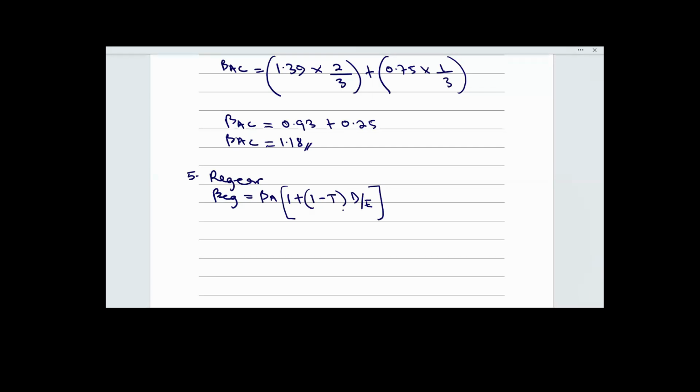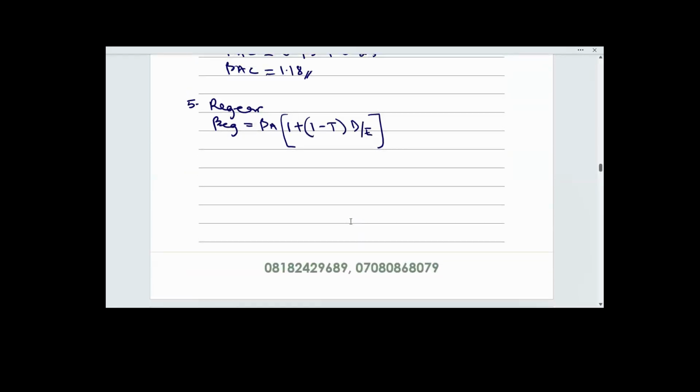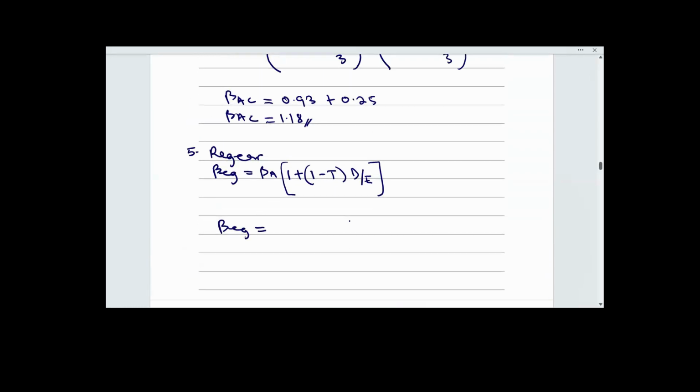So beta equity of a gear will then be equal to beta asset we have computed in step 4, 1.18, multiplied by 1 plus tax rate is 40%. We are supposed to account for 60%.